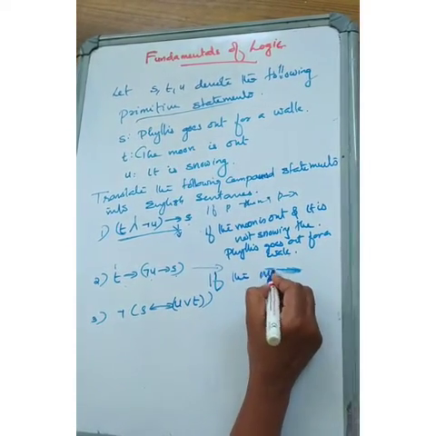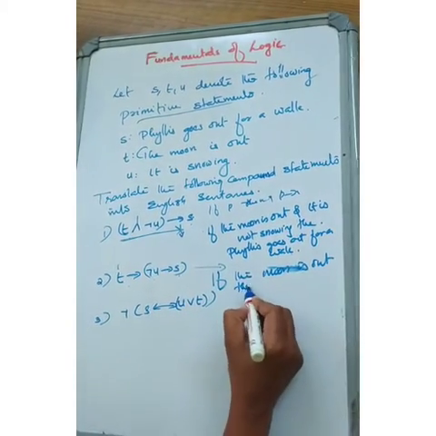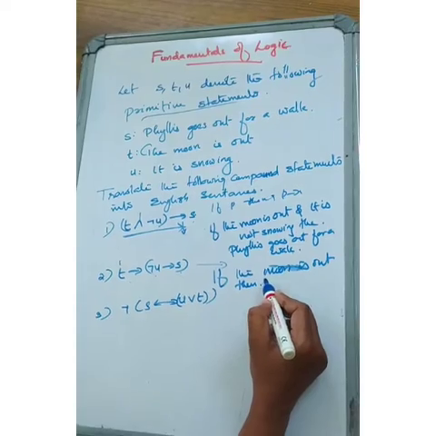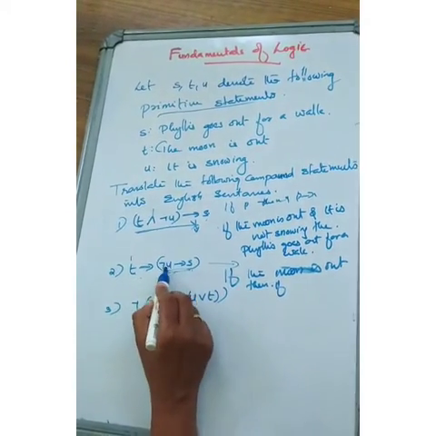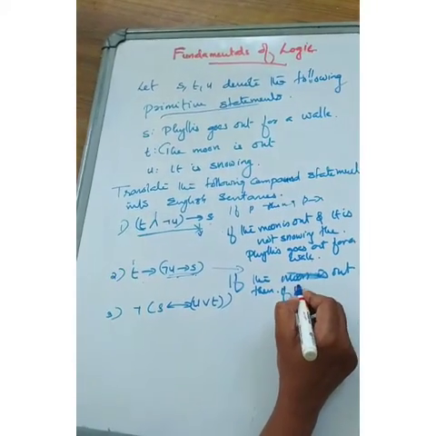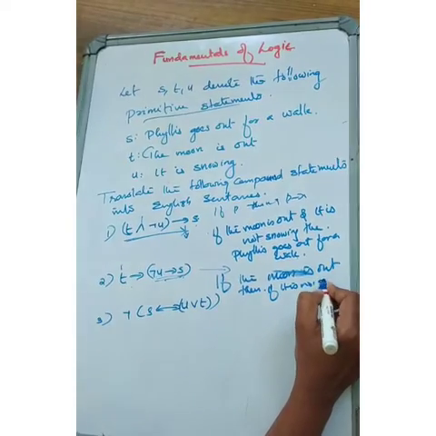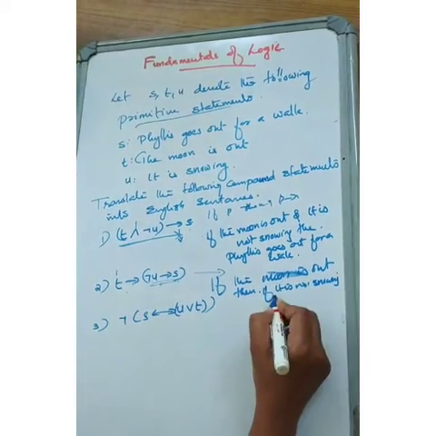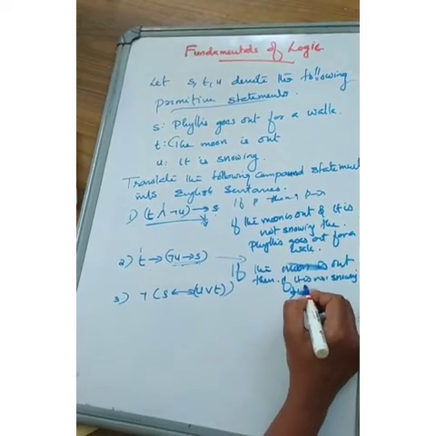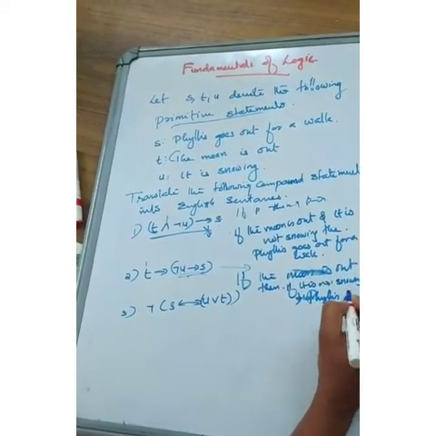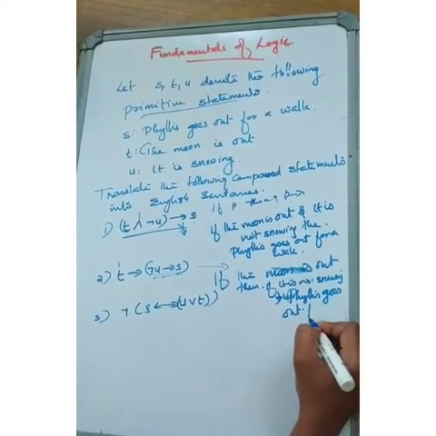Then again if: if it is not snowing, comma, Phyllis goes out for a walk.